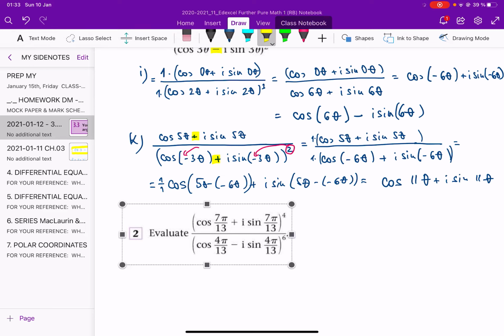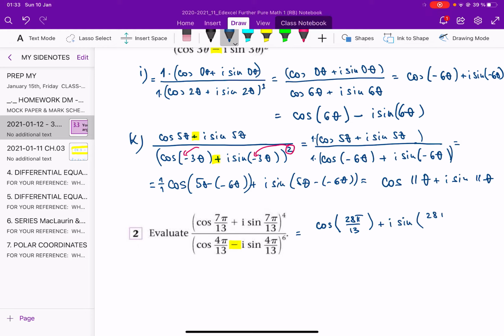Okay, easy, but again we need to modify the minus in the middle. So the first one I can directly multiply, so it would be 4 times 7 is 28 pi over 13 plus i sine 28 pi over 13 over this one.